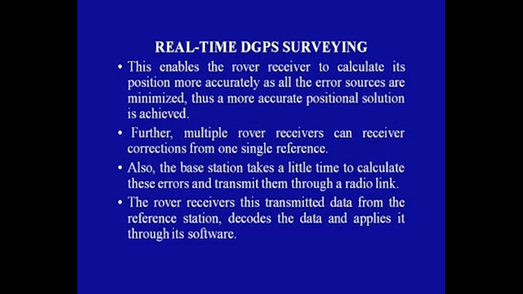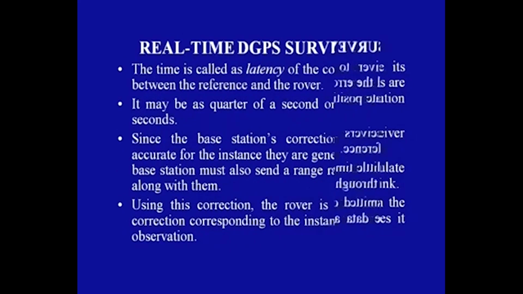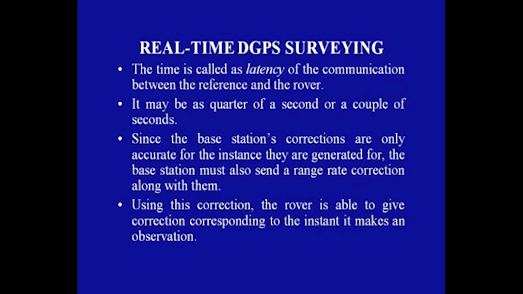Further, multiple rover receivers can receive corrections from one single receiver. Also, the base station takes a little time to calculate these errors and transmit them through a radio link. The rover receiver receives this data from the reference station, decodes the data and applies it through its software. This time is called the latency of the communication between the reference and the rover.